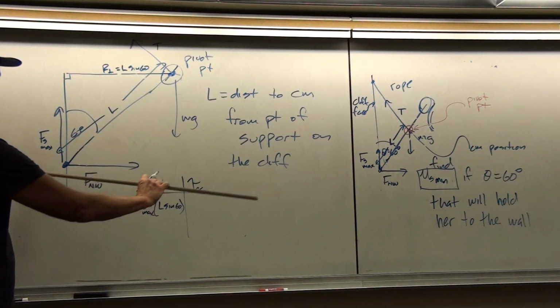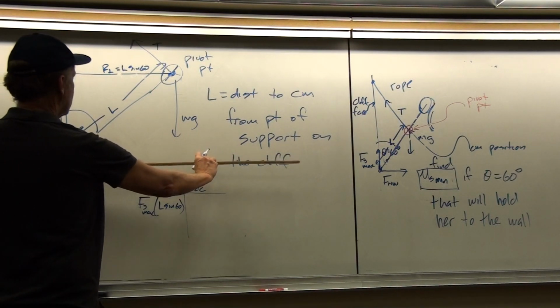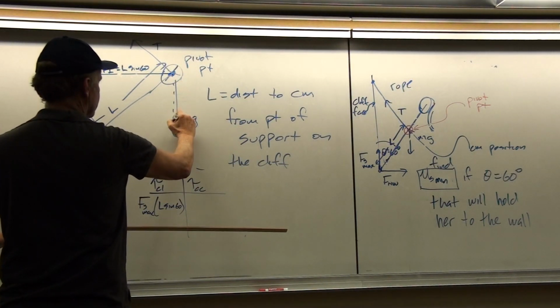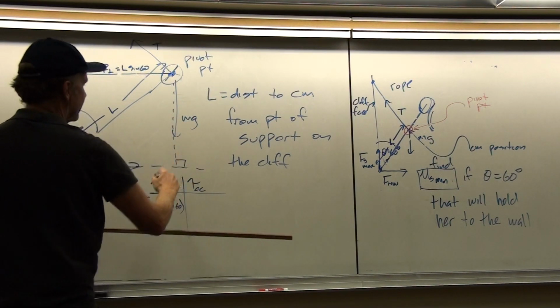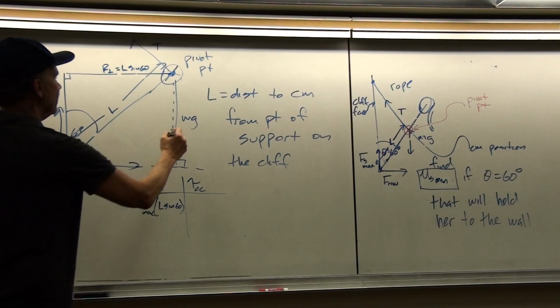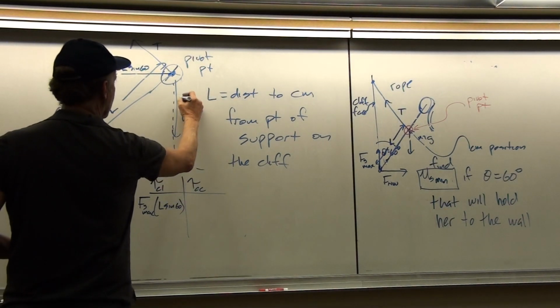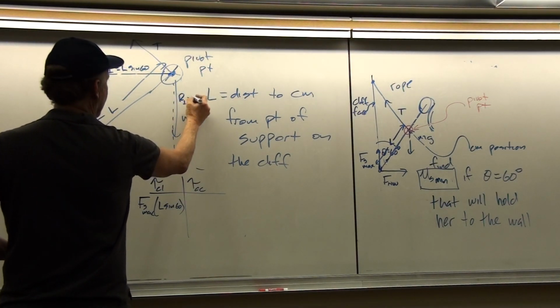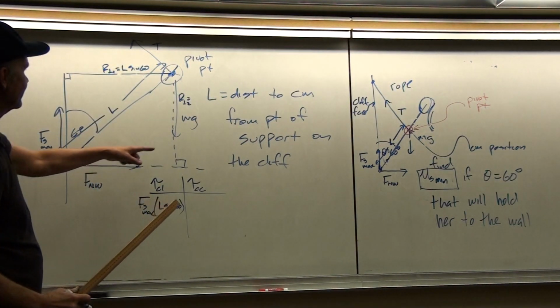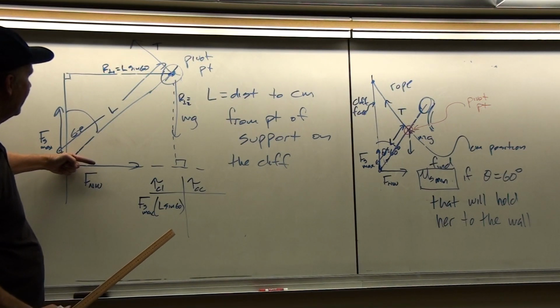Now similarly for the F normal wall, we can extend that force vector line. We can draw a line from the pivot point such that it intersects the force vector line at a 90-degree angle. This is going to be our other R perpendicular, call this R perpendicular 1, so R perpendicular 2 is associated with the F normal wall.